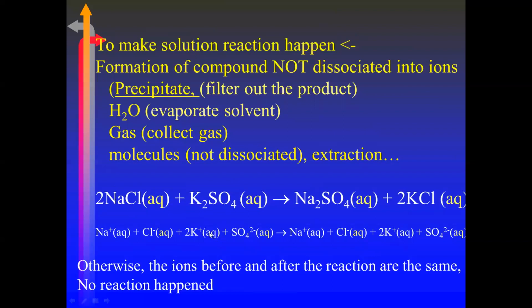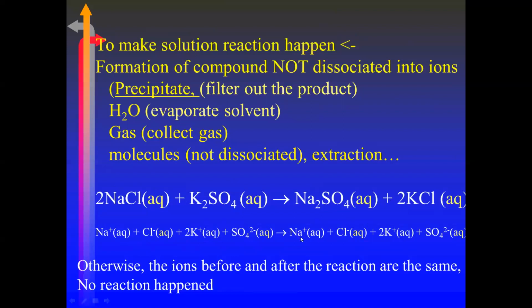If we write it in the ionic equation form, let's separate this into sodium ion, chloride ion, potassium ion, sulfate ion. Okay, these are the reactants, right? Okay, let's take a look at the product. Separate this one into here. Sorry, it's not balanced. This should have two in the front. Okay, two in the front and two in the front.